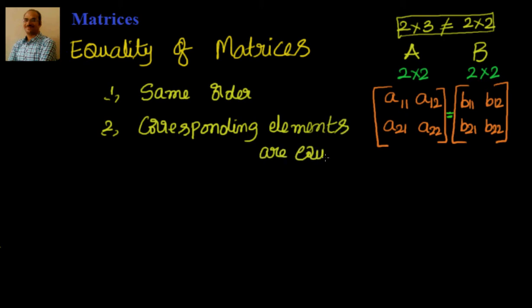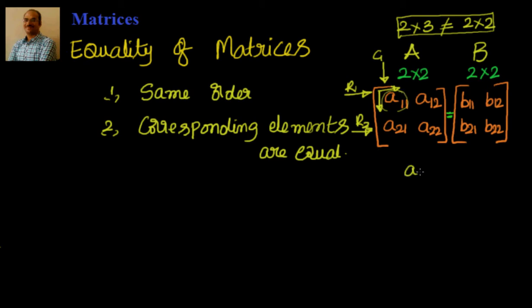Now you can see here, when we have written A and B, a11 tells me that in matrix A, it is the first row, the first column. This is how we go: rows R1 and R2. Similarly, you know that these are columns C1 and C2. So first row, first column is nothing but a11.